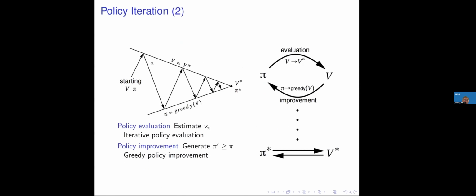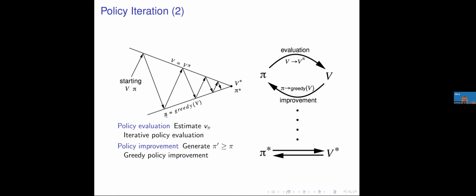So this is an illustration of policy iteration. Starting from some initial policy pi, we first do policy evaluation to get the value function or action value function of this policy. Then we take the greedy policy to improve pi to pi prime.